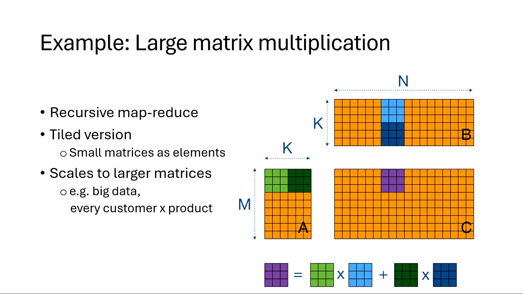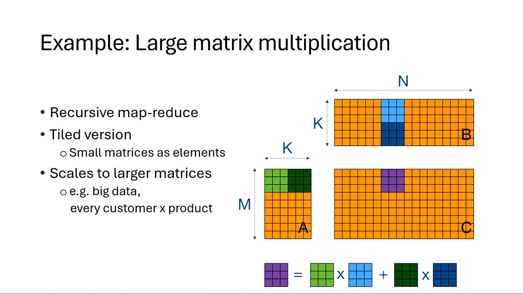And the laws of matrix multiplication still function if you consider small matrices as elements of a large one. So you can say, I want to compute this element, and let's view this 3 by 3 structure as a single element. Let's view these structures as single elements. I want to compute the value of this element. It's going to be this matrix times this matrix plus this matrix times this matrix. It's the normal rule of matrix multiplication, but it's being applied to elements which are themselves smaller matrices rather than just individual numbers.